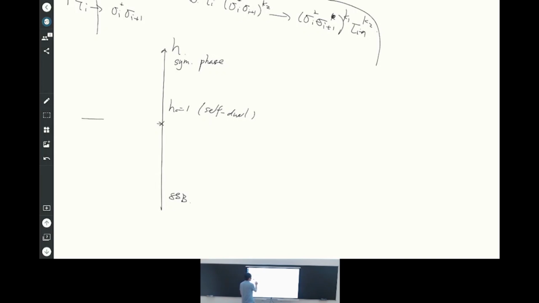So I plot the imaginary part of the lambda parameter, and this is the real part of the lambda parameter. So in general, we have 3 real parameters in this model.